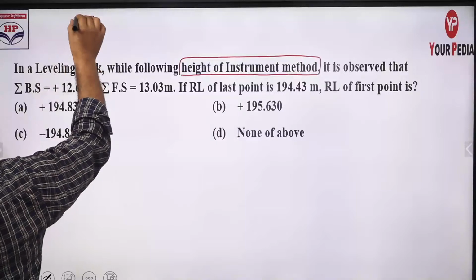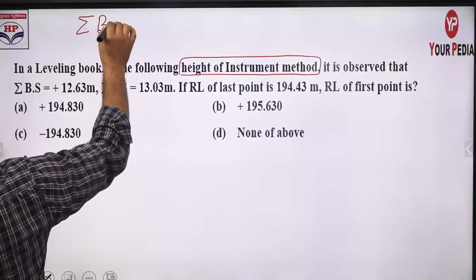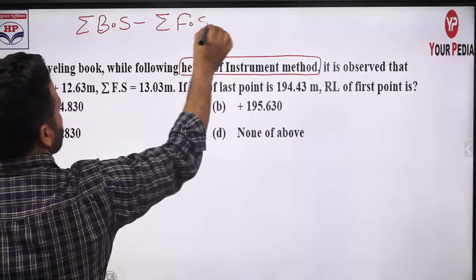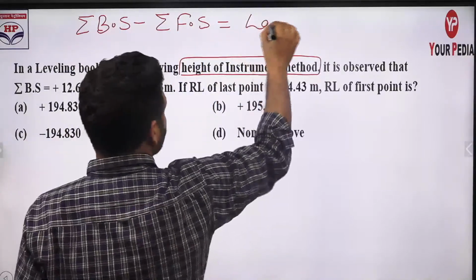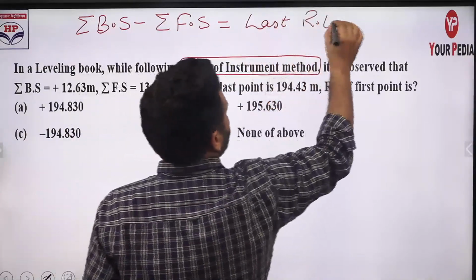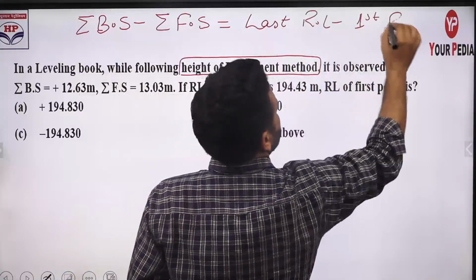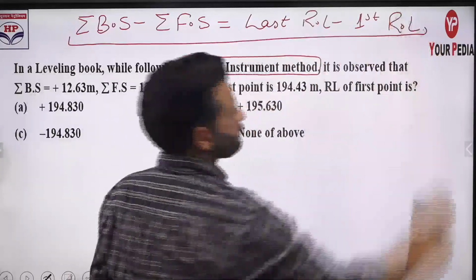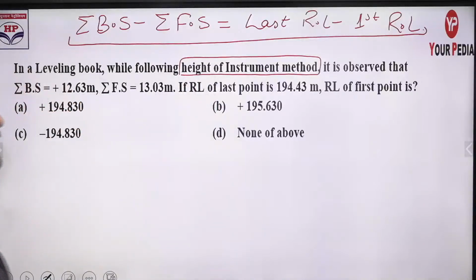This formula might be directly framed in your exam: summation of backsight minus summation of foresight equals last RL minus first RL. The probability of a generalized formula in the options is higher than of questions like the one we are solving here. So take a greater look at the formula, just remember the formula, and in that way you can solve the question also.